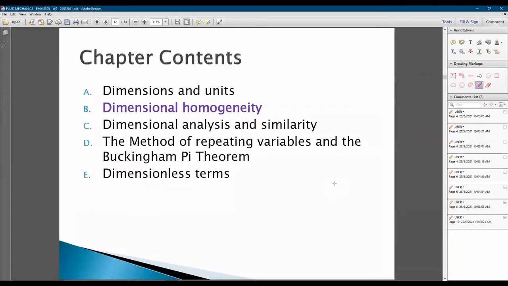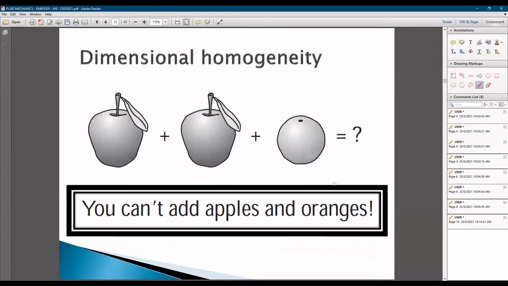Next, we will look into the second part, which is dimensional homogeneity. This is a good example where you can't add apples and oranges together. What it means is that normally people say you must compare something that is equal or similar, right?